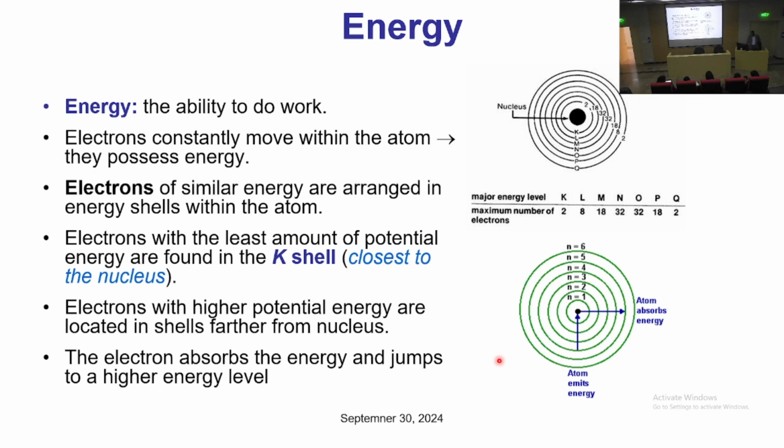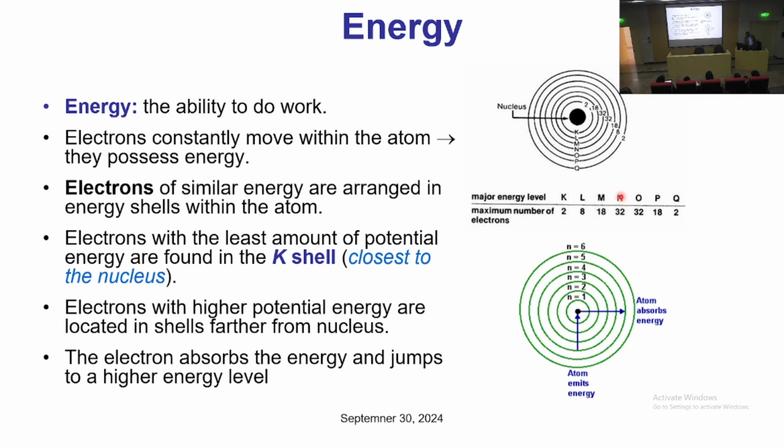So we can see here that we have the nucleus. The first shell, we call it the K shell. The capacity is 2 electrons. The second one is L, and the capacity of the second shell is 8. The third, called M shell, has a capacity of 18.